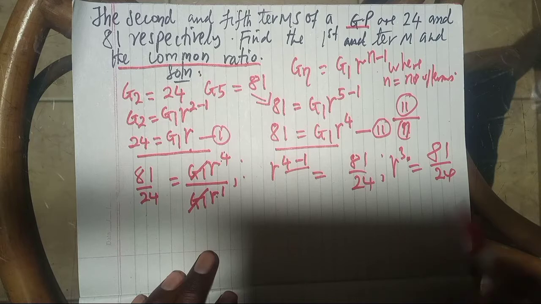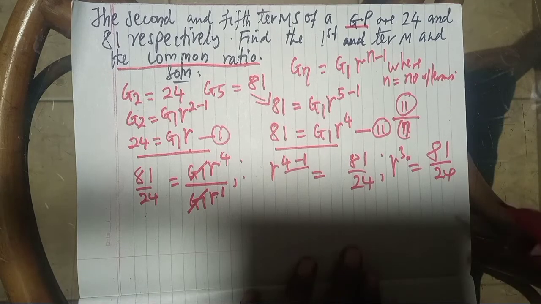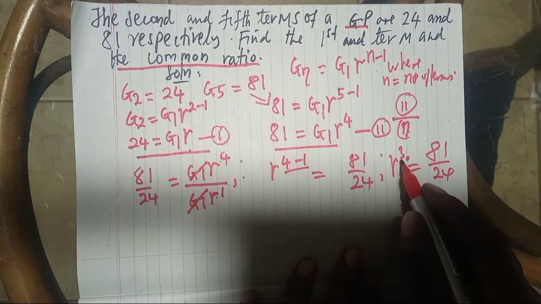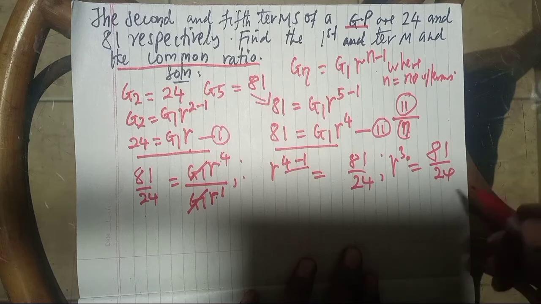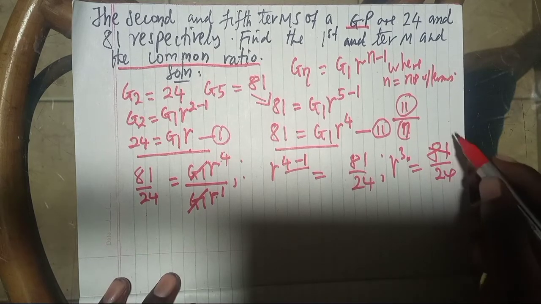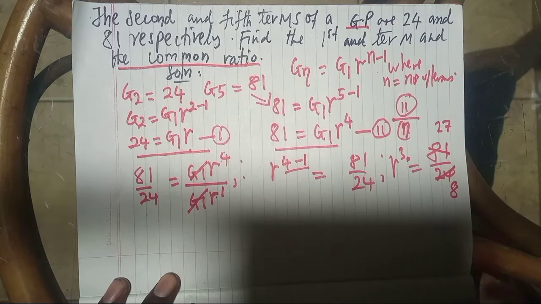Now this 81 over 24, we are looking for the simplest form where we can get an exponent 3. Ukiangalia hii na hii haiwezekani kuziacha kama zilivyo, kwa sababu hautapata ile power 3 au exponent ya 3 kutoka kwenye hii namba. Kwa unachopaswa sasa kuifanya, una simplify, ambapo 81 by 3 you get 27, and 24 by 3 you get 8.